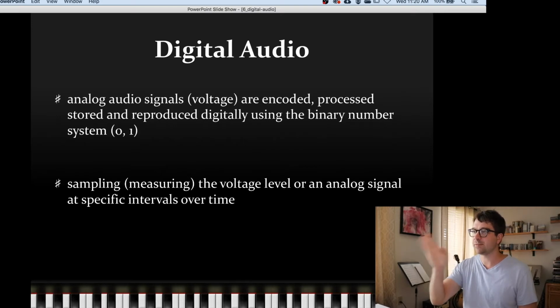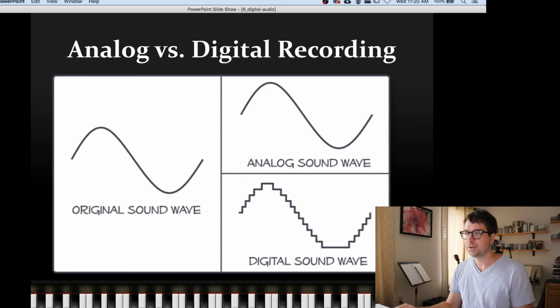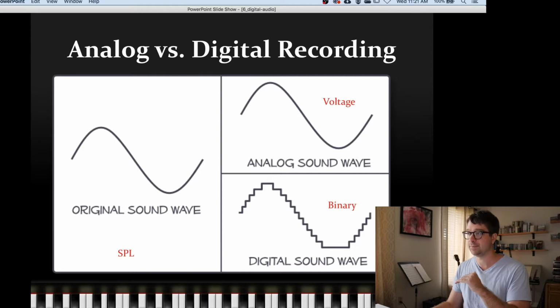That sound wave gets measured a bunch of times, and each measurement gets saved as a data point. So in acoustics, sound is waves of air pressure, as we've discussed before. Whenever that gets transduced into analog, it gets turned into electricity. And then whenever that gets turned into digital information, it gets turned into binary, or data.